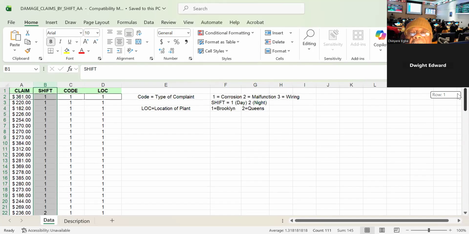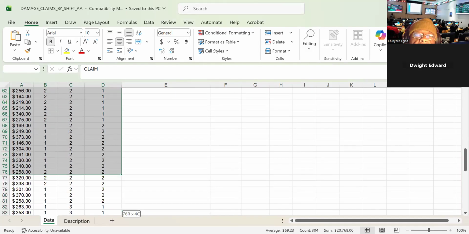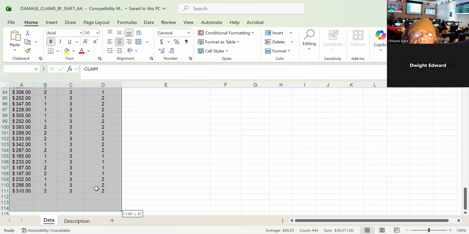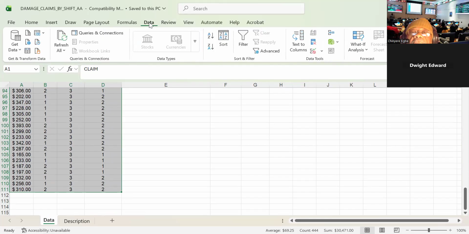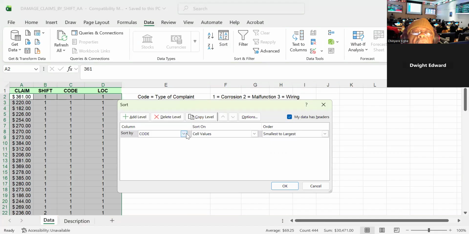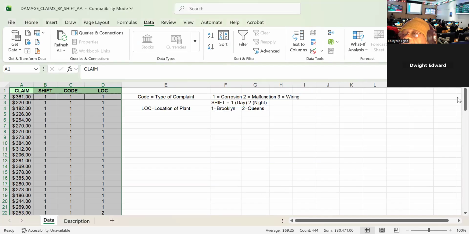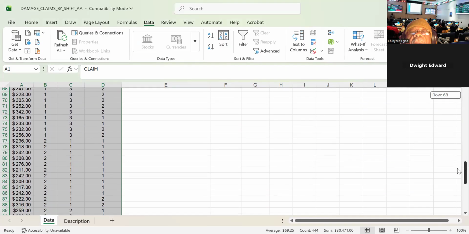The first thing you do is to sort the data by shift. When I sort by shift, what do you get? All the ones come first, and then all the twos come next.